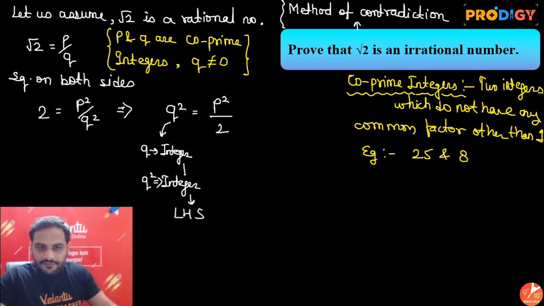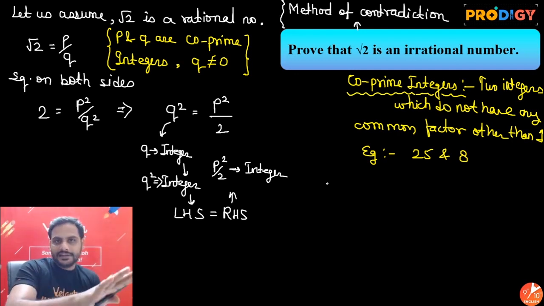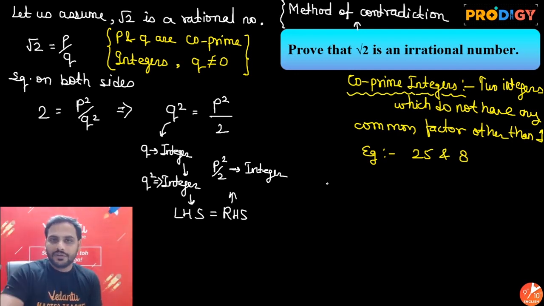And if the left hand side is an integer, since LHS is equal to RHS, q square is equal to p square by 2, that means p square by 2 is also an integer. Try to understand the logic. If the LHS of this equation is an integer, the RHS is also an integer.